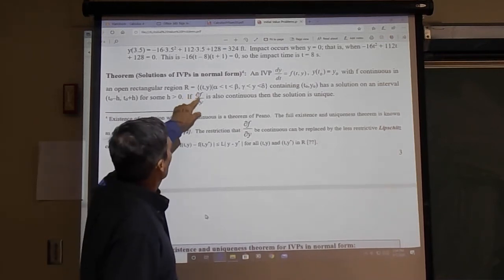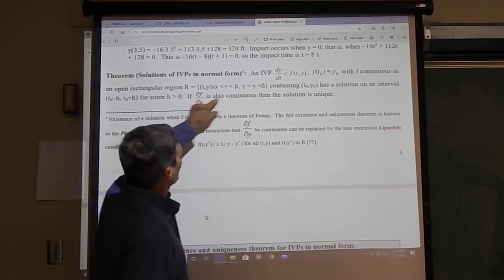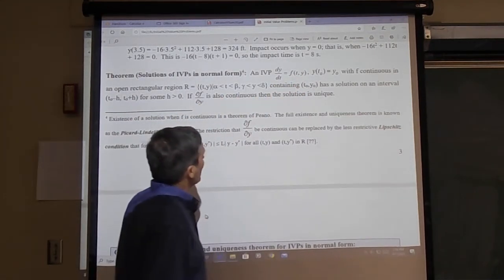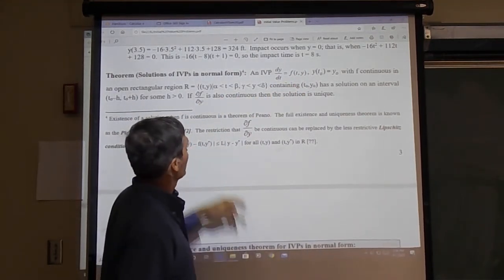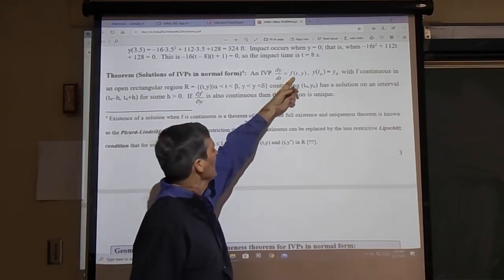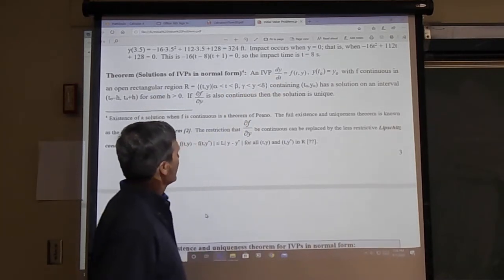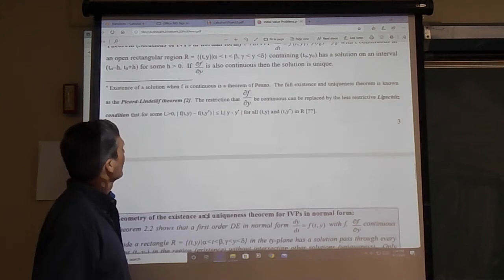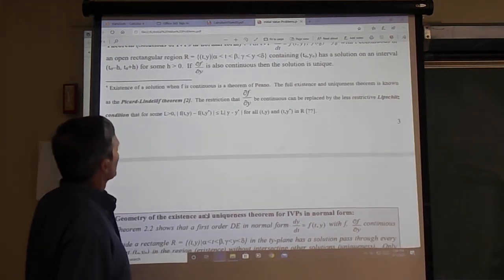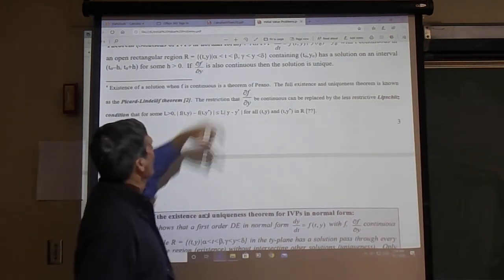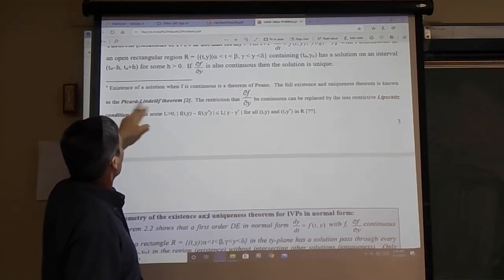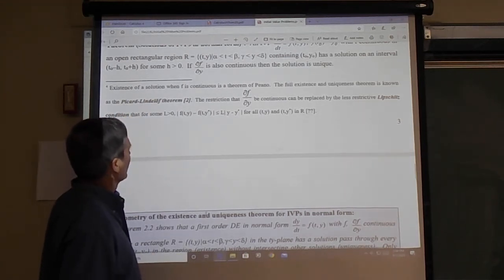And furthermore, if the partial derivative of the right-hand side with respect to y, df/dy, is also continuous, then this is the Peano theorem for the first part, and the Picard-Lindelof theorem is the whole thing.